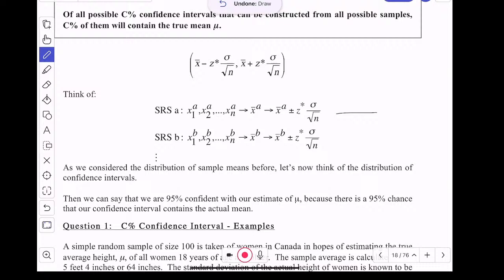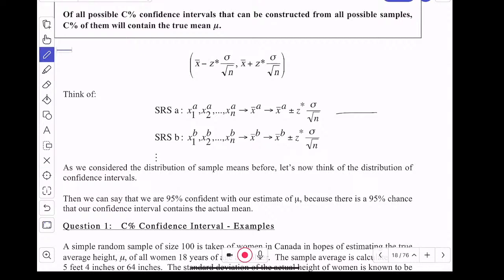Right? And I can go back and take another sample. I can put everybody back. If it's people or units that I'm sampling, I put them all back and I sample again. And I could get some of the same values, different values in different order. Here's my sample, and I've noted them with B's because they're not necessarily the same as those. I can calculate the sample mean of that sample B, and I can calculate a confidence interval.